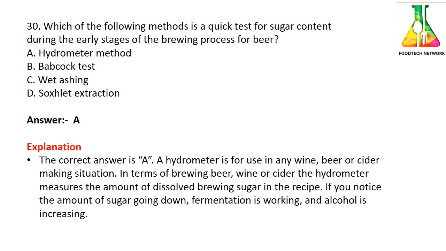A hydrometer is for use in any wine, beer, or cider making situation. In terms of brewing beer, wine, and cider, the hydrometer measures the amount of dissolved brewing sugar in the recipe. If you notice the amount of sugar going down, fermentation is working and the alcohol is increasing.